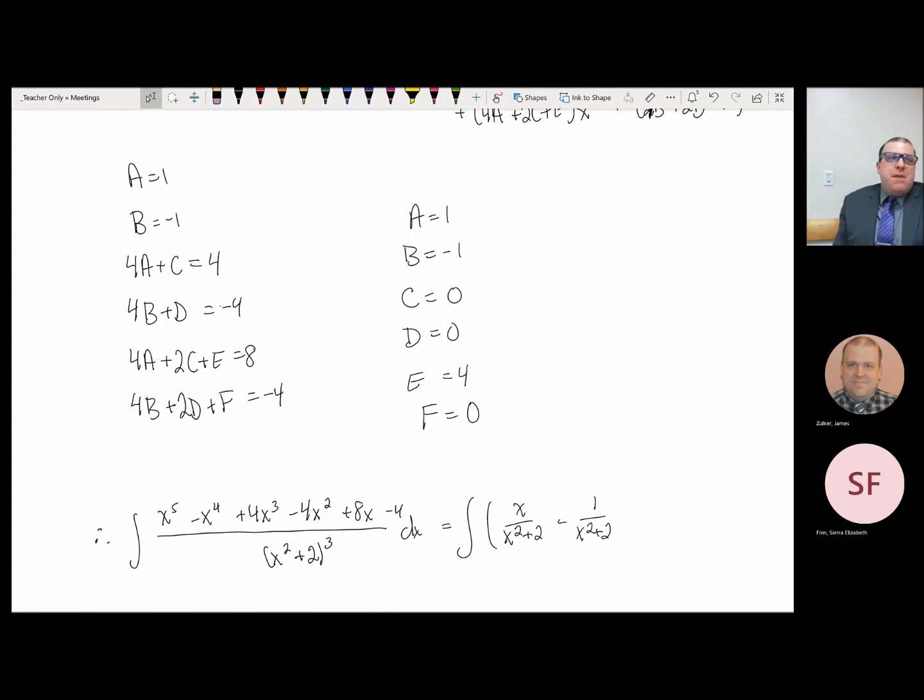First term would be x minus 1 over x squared plus 2. Write it as 2 fractions. C and D are both 0. That means that second term doesn't exist. E is 4, F is 0.